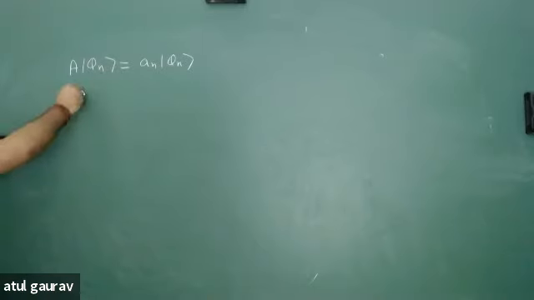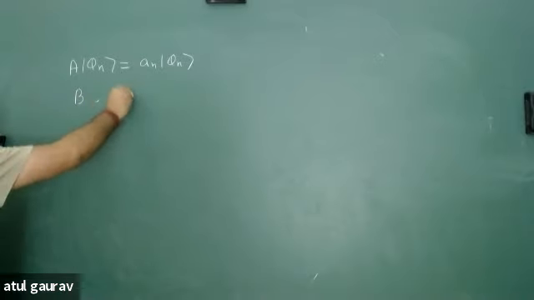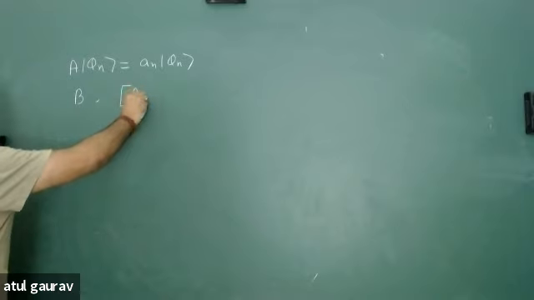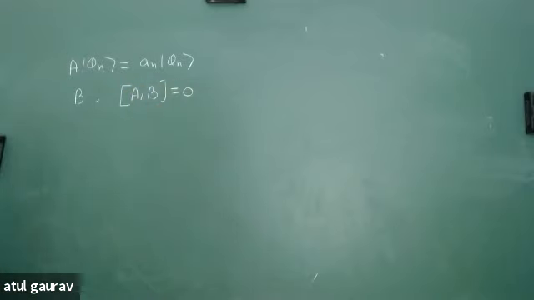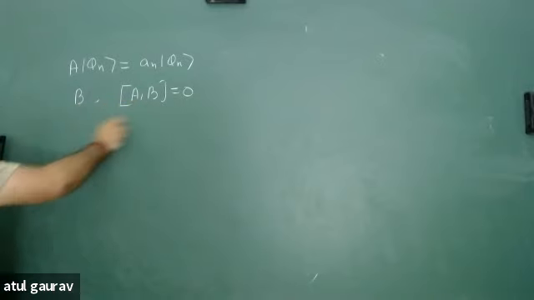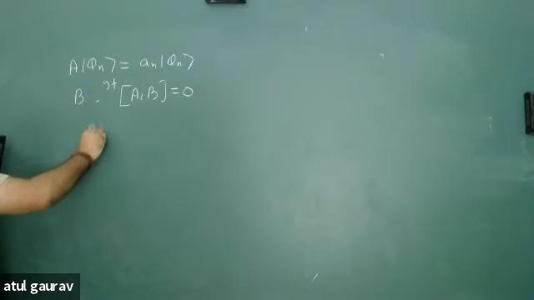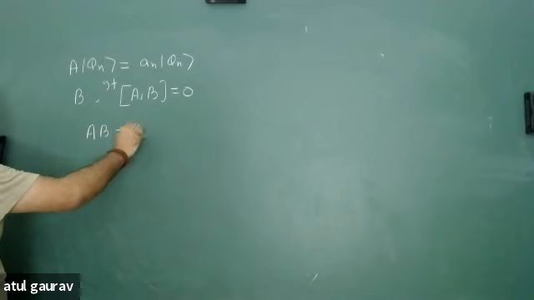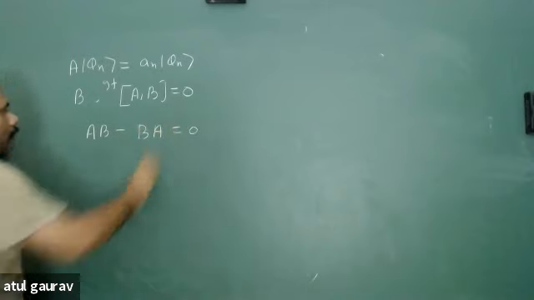And we have another operator, let's say B is another operator. And what is the story of B? The operators A and B are going to commute. And if A and B are going to commute, what we have is AB minus BA is equal to 0.